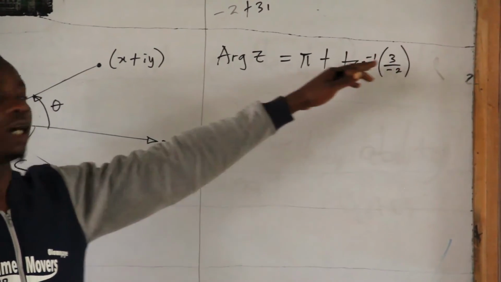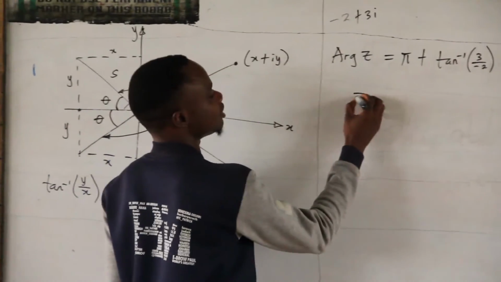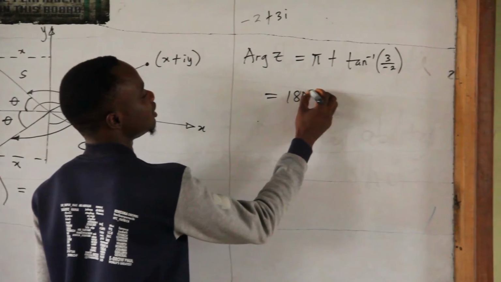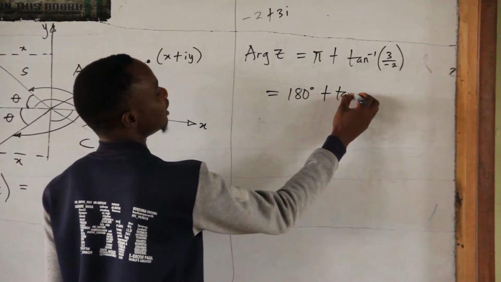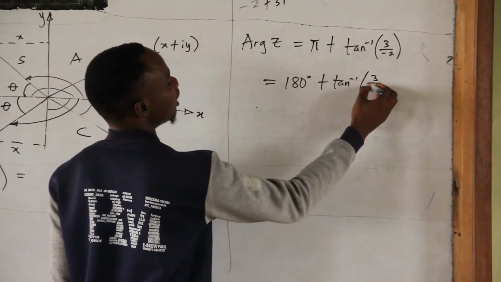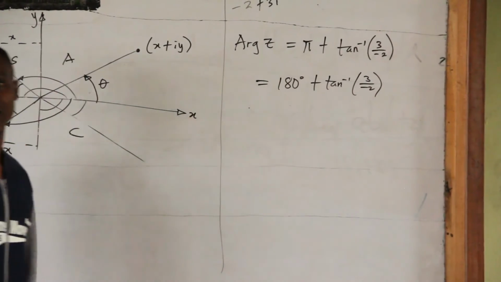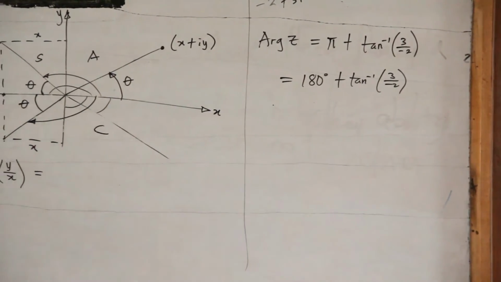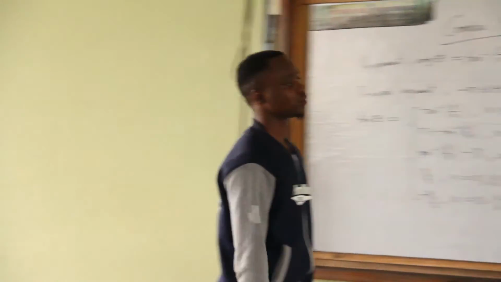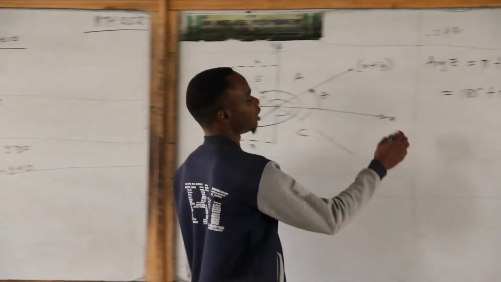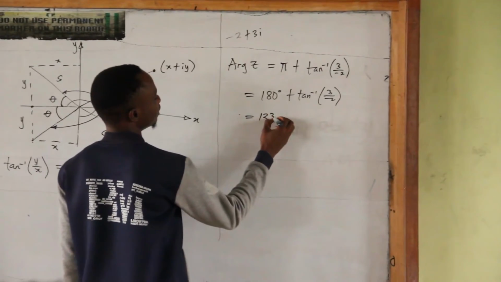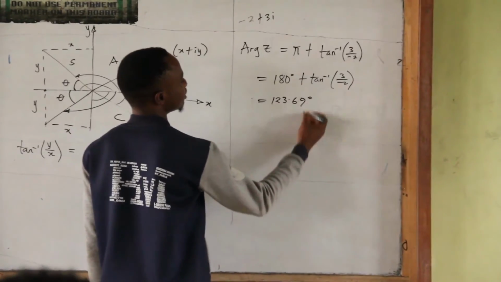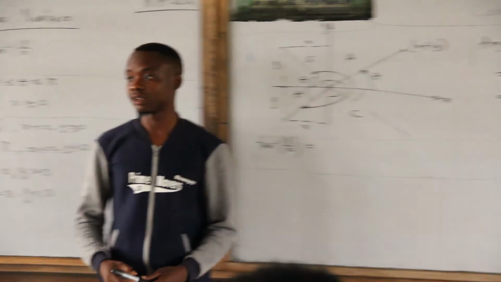And if you want to get this in degrees, this should be equal to 180 degrees plus tan inverse of 3 over minus 2. Clear? X is the real part, y is the imaginary part. Right, so you can do that. What does it give you? Is this clear?